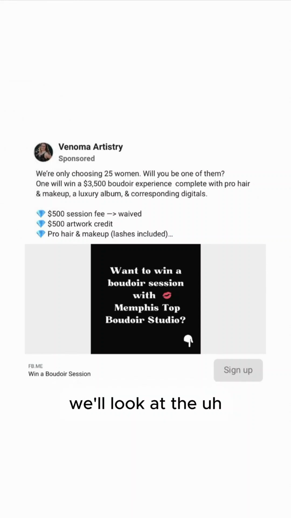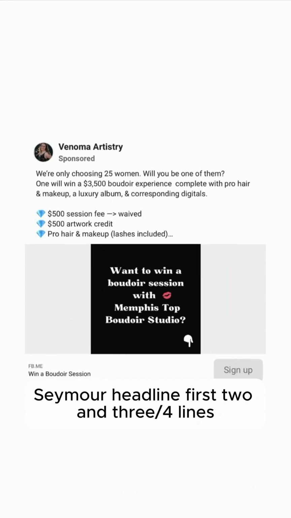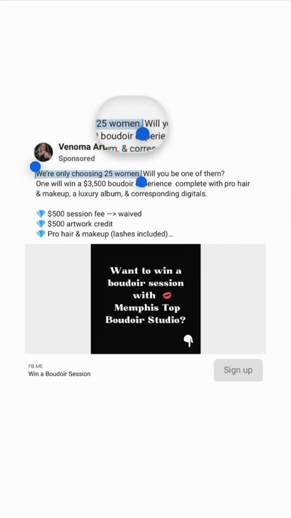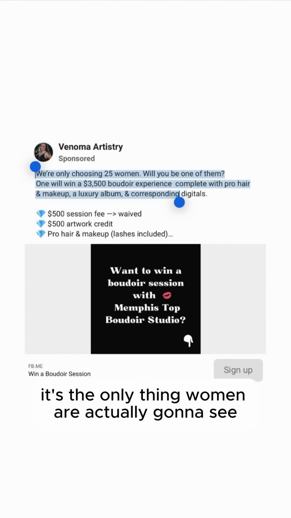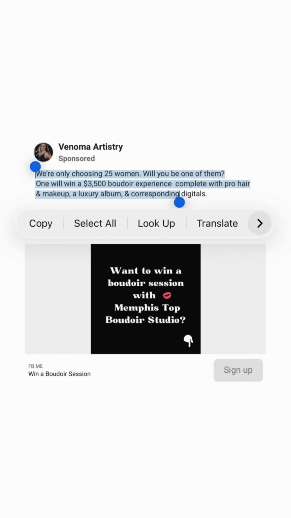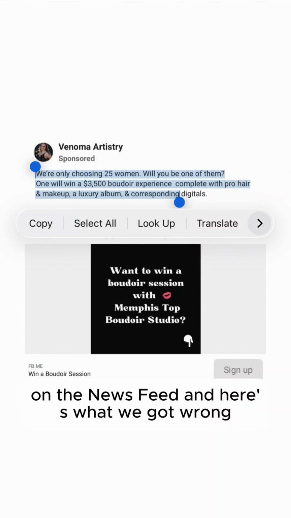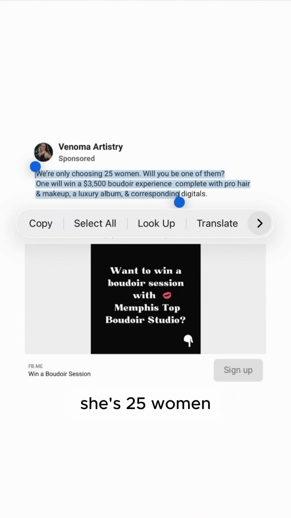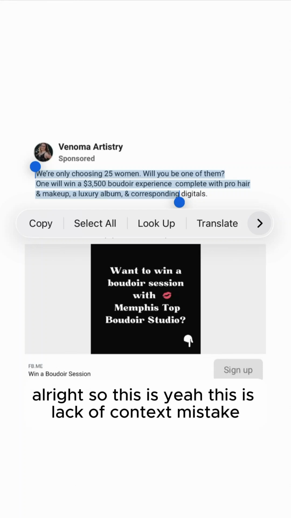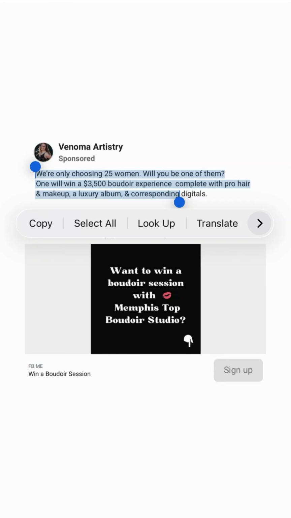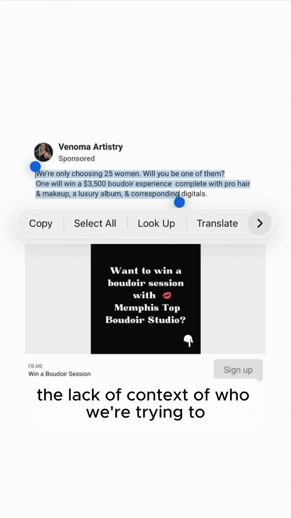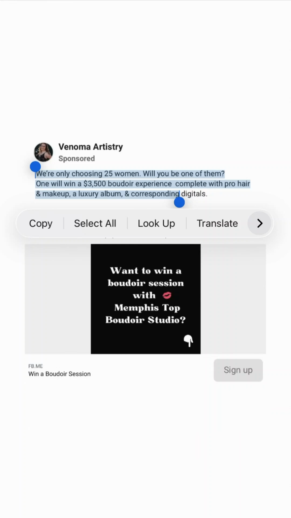Finally, we'll look at the see more headline, first 2 3/4 lines, Facebook newsfeed mobile. It's the only thing women are actually going to see on the newsfeed. And here's what we got. We're only choosing 25 women. All right, so this is a lack of context mistake, the lack of context of who we're actually speaking to.